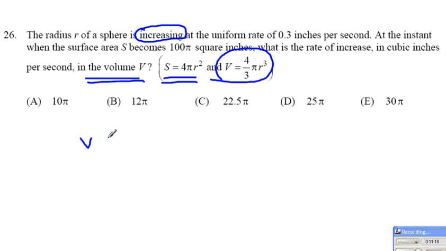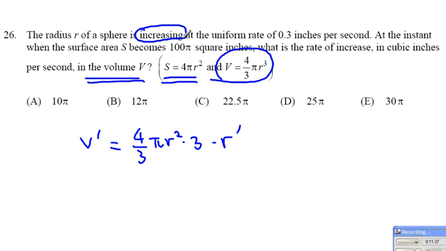So we realize V prime is equal to 4 over 3 pi r squared times 3 by the power rule. 3 comes out, and then r squared times r prime. Now, here we know what r prime was because it was 0.3, but what is r?